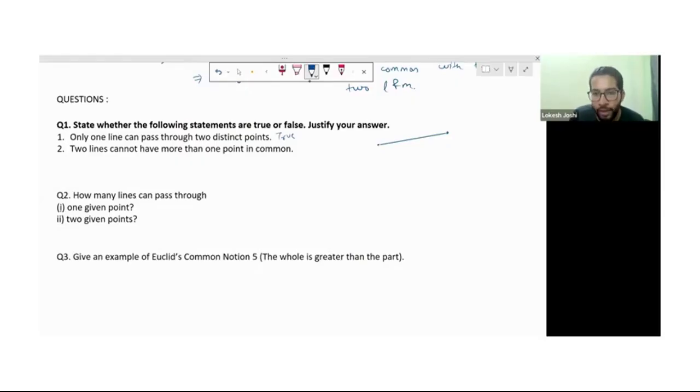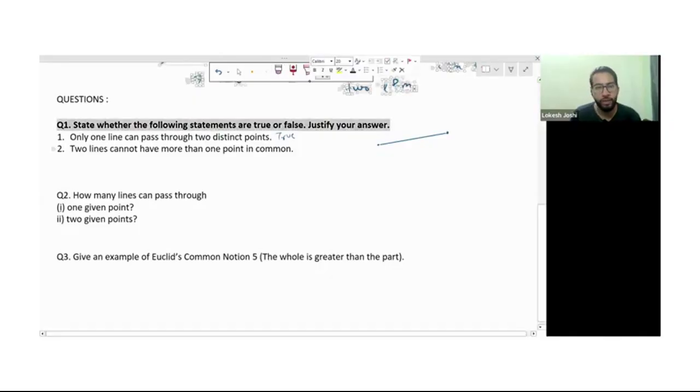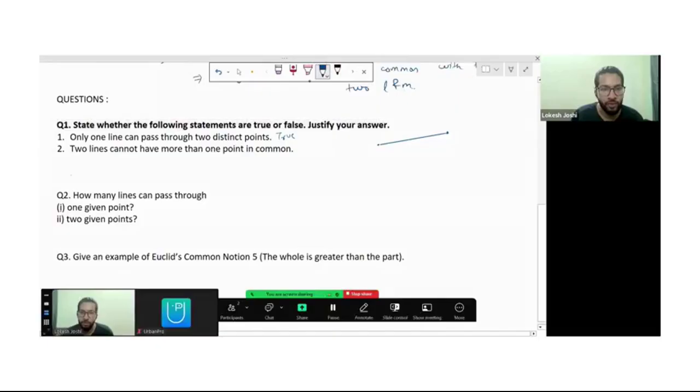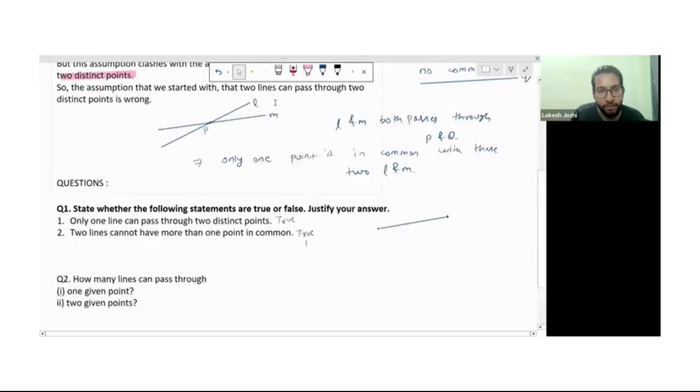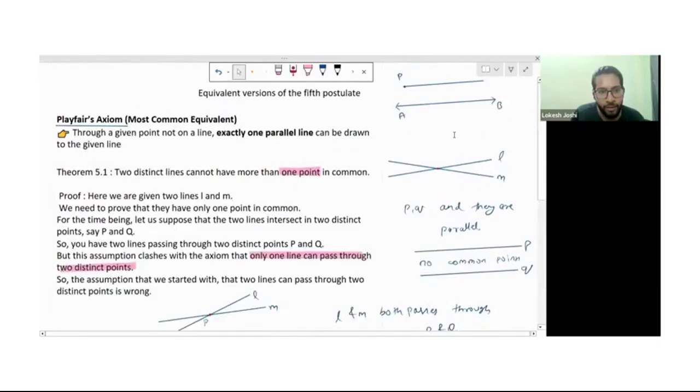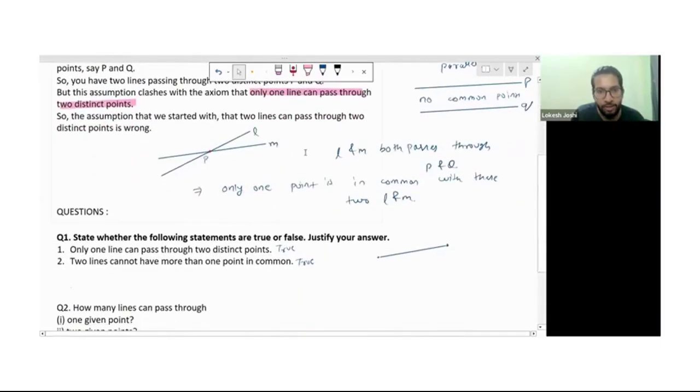If we draw any other line starting from there and it reaches the same point, then they overlap each other, and if it moves away, then they are different. So the first one is true. Now, two lines cannot have more than one point in common. Yes, it's also true, and for this justification, we have done this proof. You can refer to it.